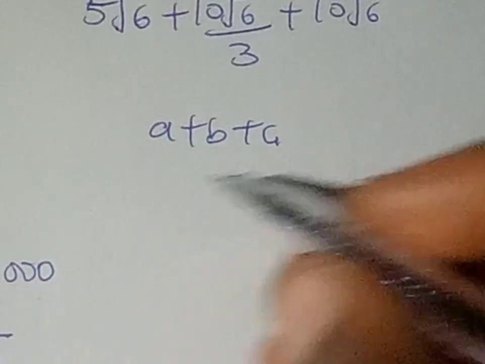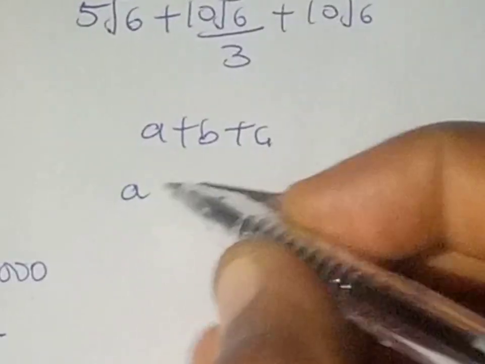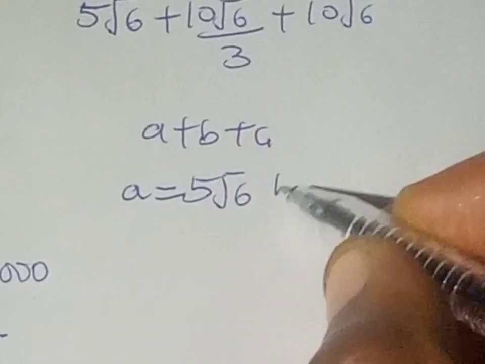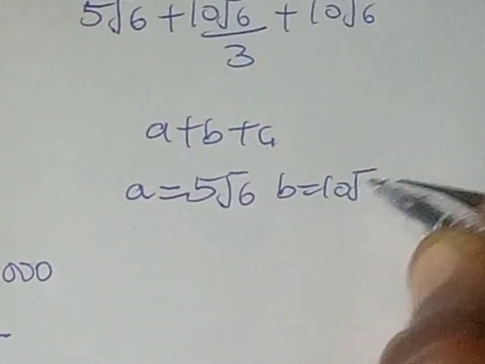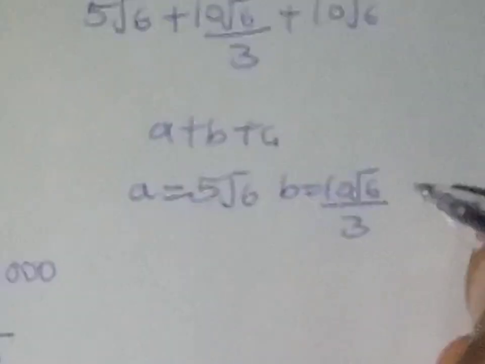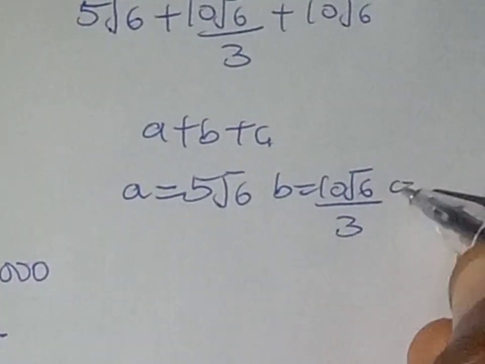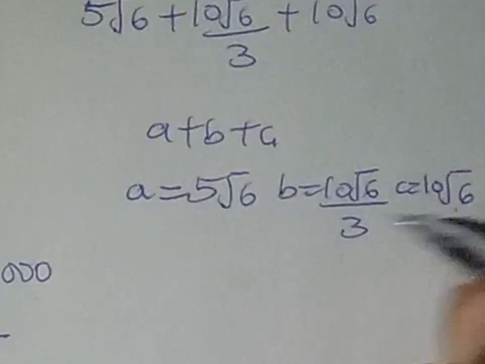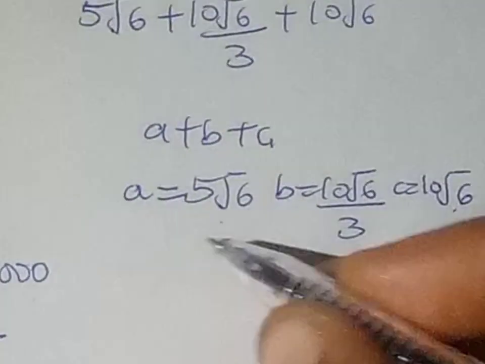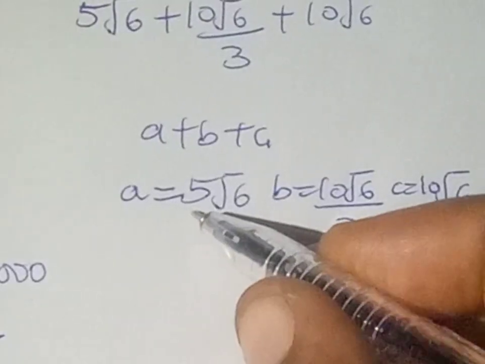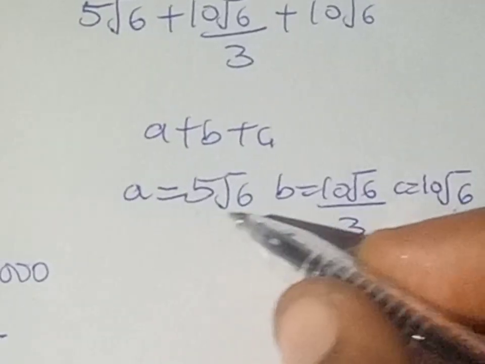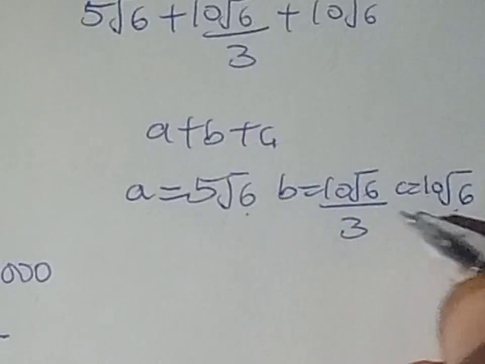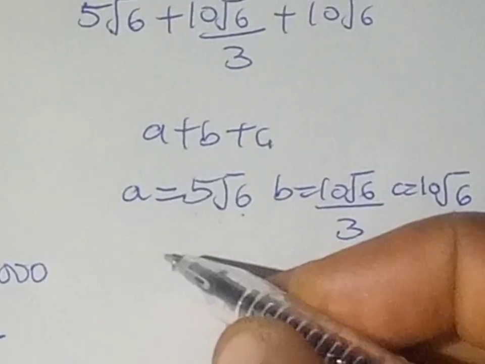Initially, A equals 5 root 6, B is 10 root 6 divided by 3, and C is 10 root 6. So for us to write A and C, we shall be multiplying them by 3.